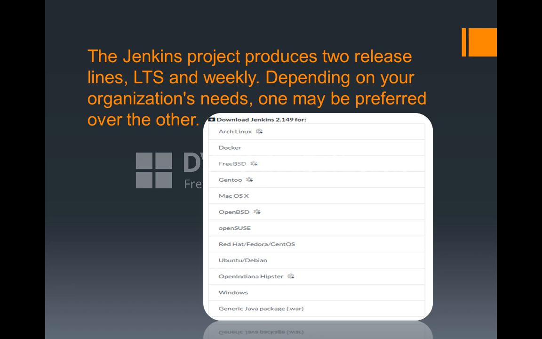Depending on your organization's needs, one may be preferred over the other. There are packages for Arch Linux, Docker, FreeBSD, OpenSUSE, Red Hat, Ubuntu, Windows, and a generic Java package, the .war file, is also available to download and install.